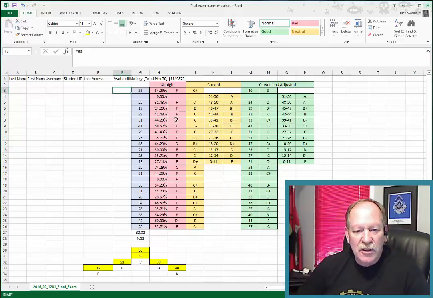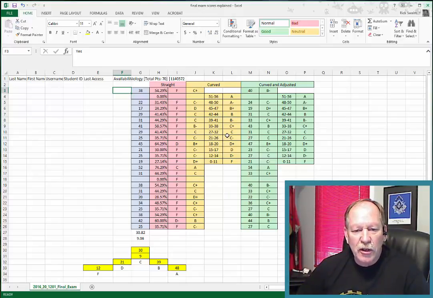As I said before, this is not the way it's done because of the time factor and the way we went about doing it. Next to that, over here in this shade of yellow, is what happens if it's curved.